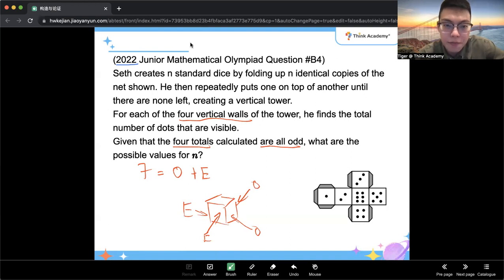In each layer, there will be 2 odd numbers and 2 even numbers. Does it make sense? So it means that for any single layer, it is impossible. Does it make sense?